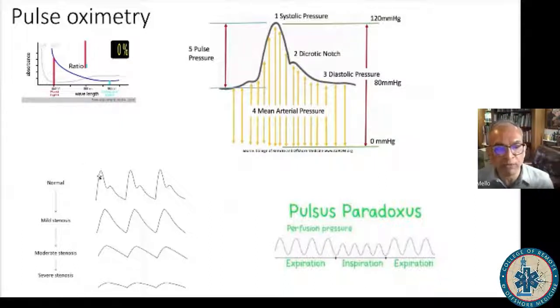The shape of the waveform will depend on whether the patient's got a normal valve. But for example, in the cases of aortic stenosis, starting with the mild form, you can see now there's the loss of the dicrotic notch because you've lost the elasticity. And then as the stenosis of the aortic valve gets worse, you get a flatter waveform.